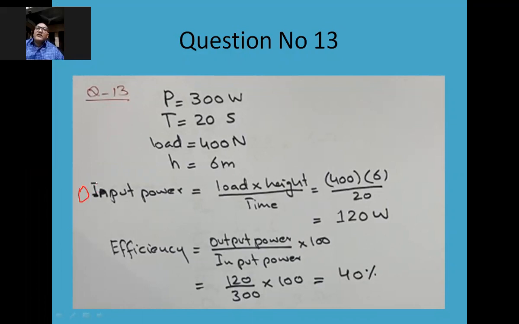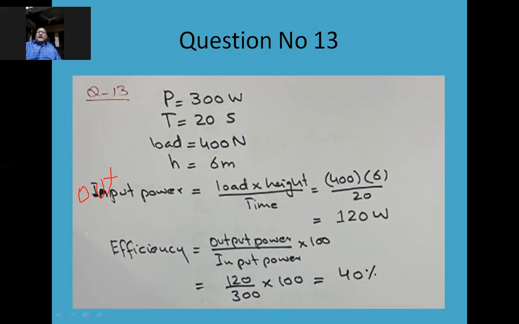So output power is equal to load multiplied by height divided by time. So the load is 400 Newton, and the height is 6 meters, and that machine took 20 seconds.